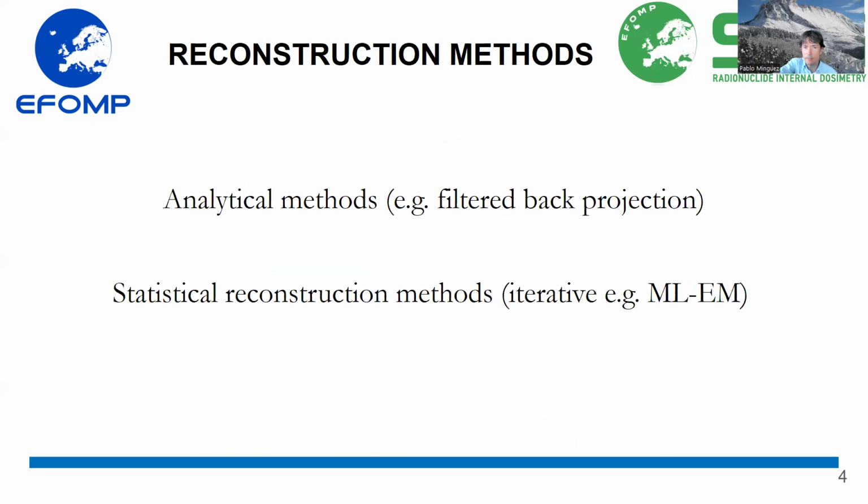There are mainly two reconstruction methods. First, the analytical methods, and second, the statistical reconstruction methods, which are iterative methods. For instance, there is the maximum likelihood expectation maximization method.